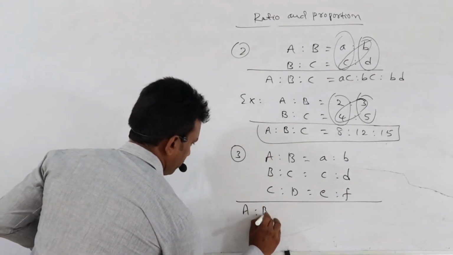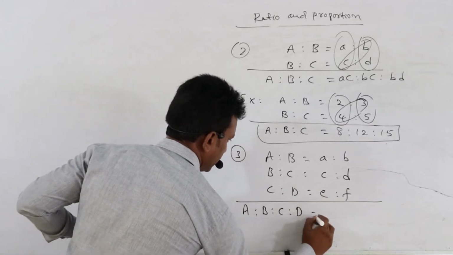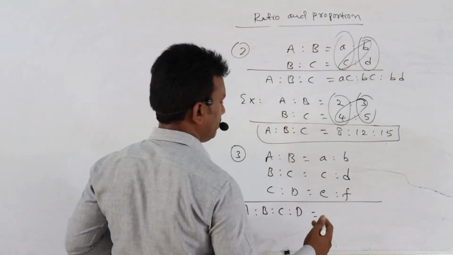A is to B is to C is to D is equal to, here we follow one simple shortcut.